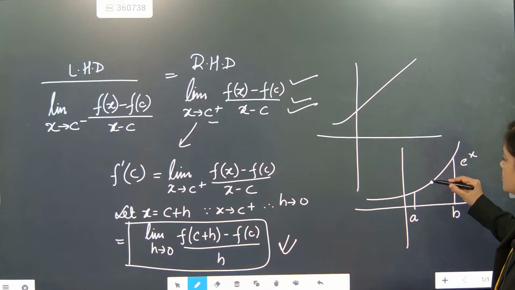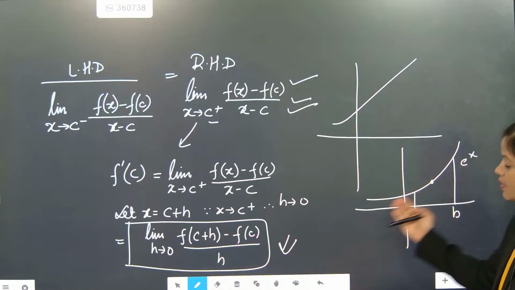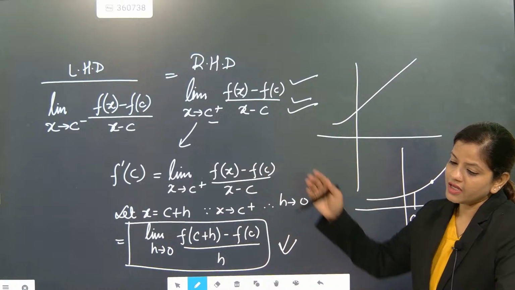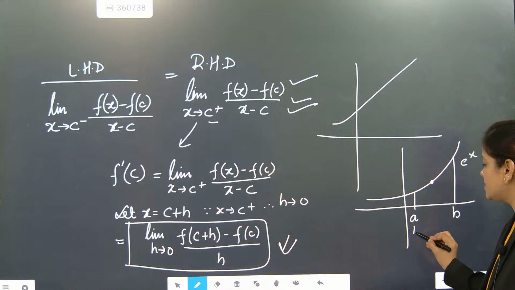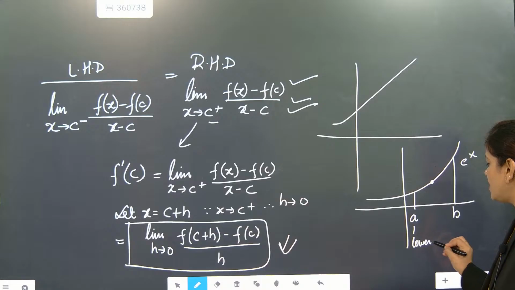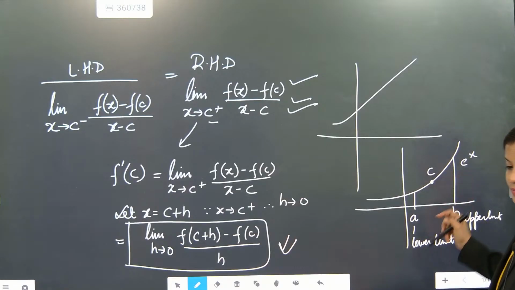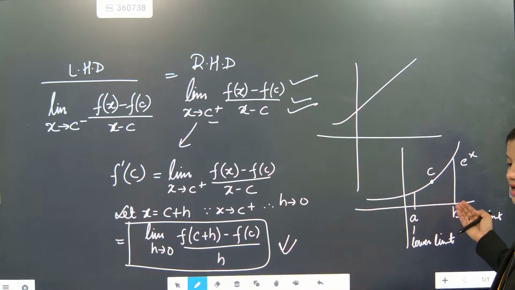For that, one special point you have to take in the interval only, not outside the interval, because outside the interval it can go anywhere. So we will first limit it. This is called the lower limit and this part will be called the upper limit. So beta, the point C will be exactly between the lower limit and the upper limit.